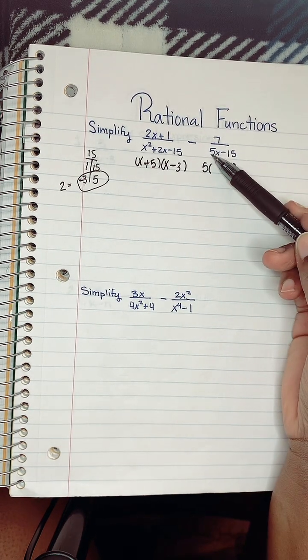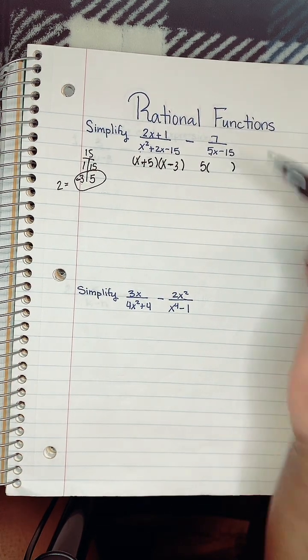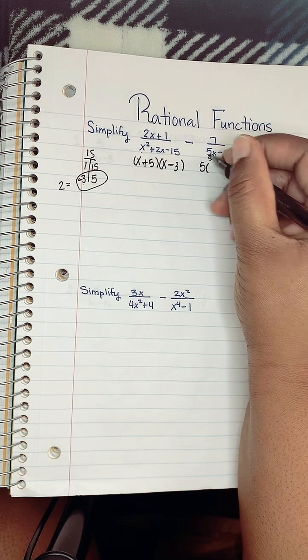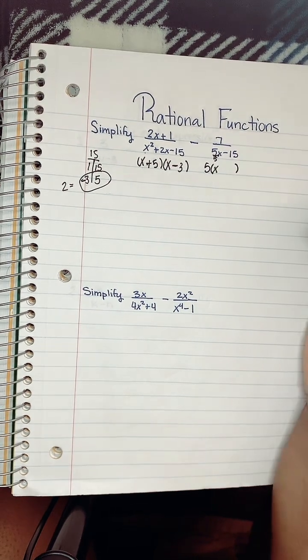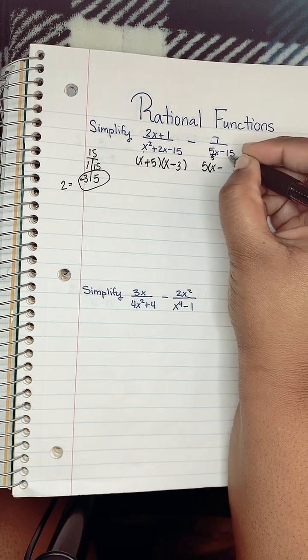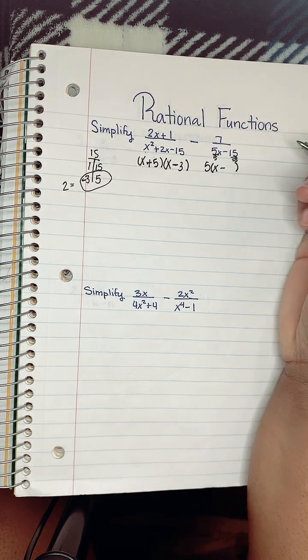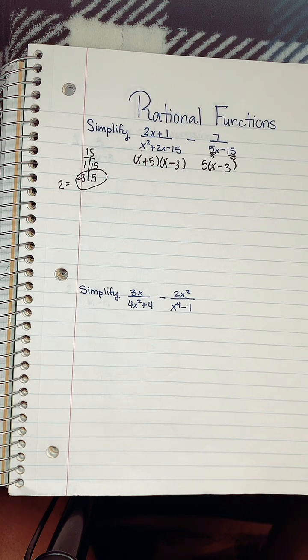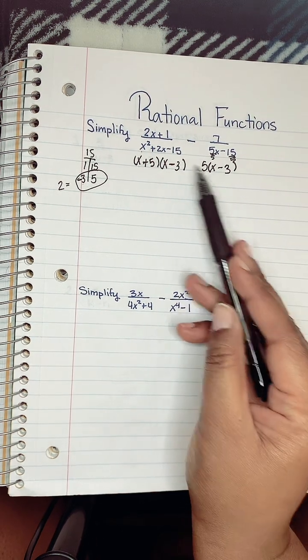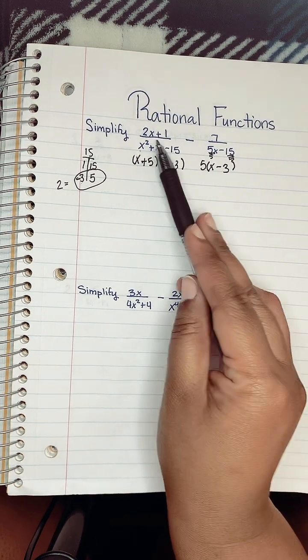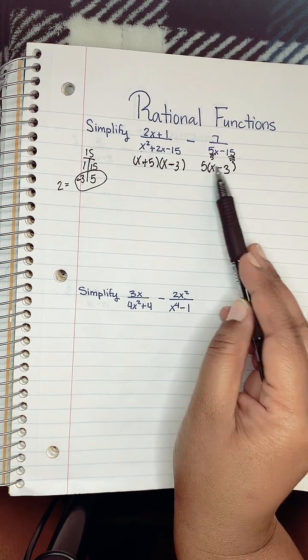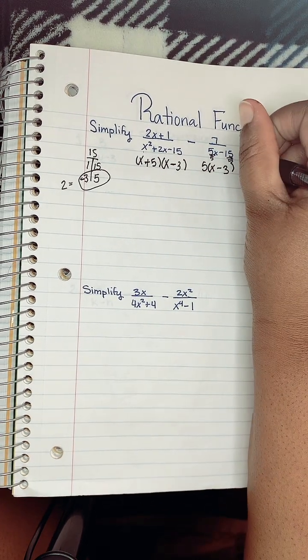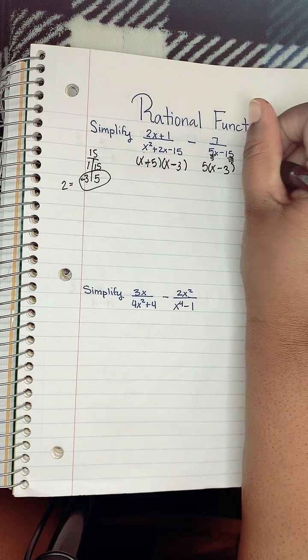So then we're going to divide this by 5 and divide this by 5. So if we divide this by 5, that leaves us with 1x minus, and if we divide this by 5, 15 divided by 5 is 3. All right. So now that we know what's in our denominators, right? Now we're able to find our least common denominator.